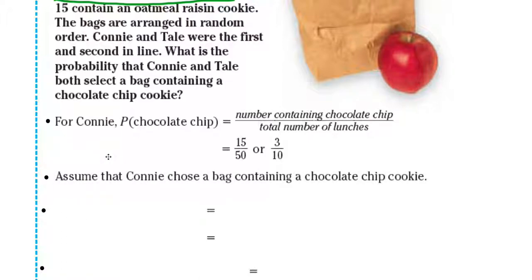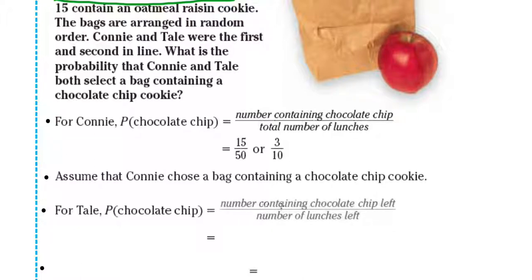Let's assume that Connie chooses a bag containing a chocolate chip cookie, of course. Now on the second part of this problem, for Dale to get the probability of choosing a chocolate chip cookie in the bag, that will be equal to the number containing chocolate chip left over the number of lunches left.